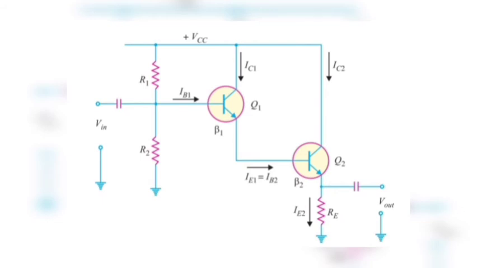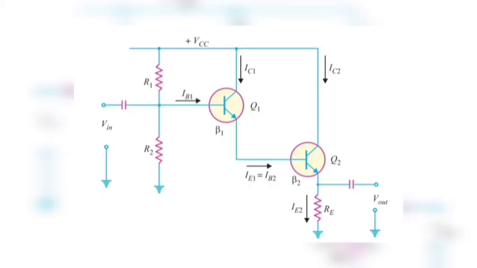Now the output is beta 2 into IB2, where IB2 is the base current. As IE1 is equal to beta 1 into IB1, the overall output current is equal to beta 2 into beta 1 into IB1, that is the input current.